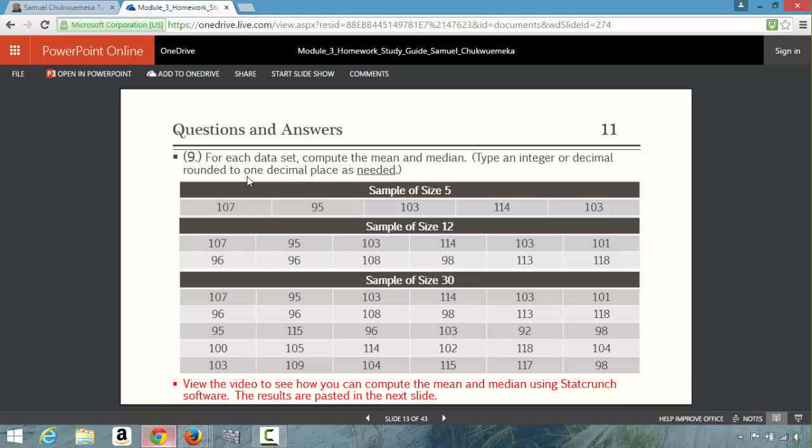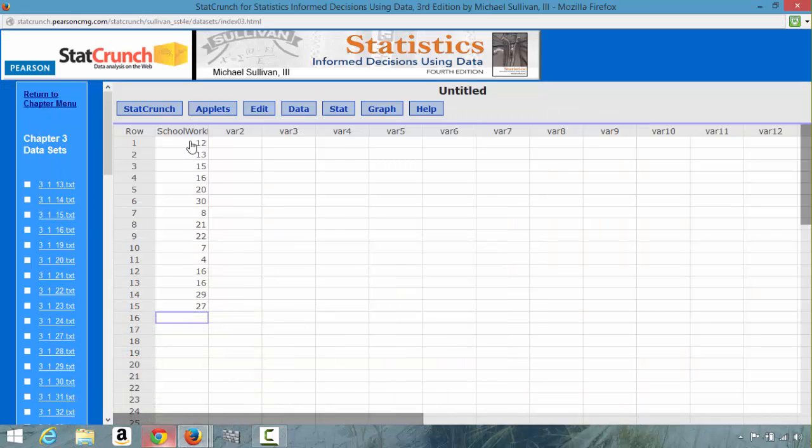Question 9. For each data set, compute the mean and median. Let's do this one because it's a different kind of question. Let's go ahead and do this by technology. It saves time.